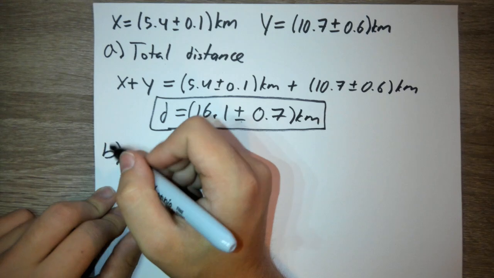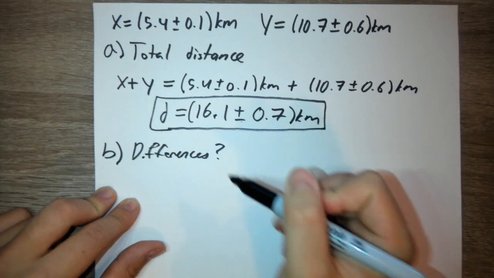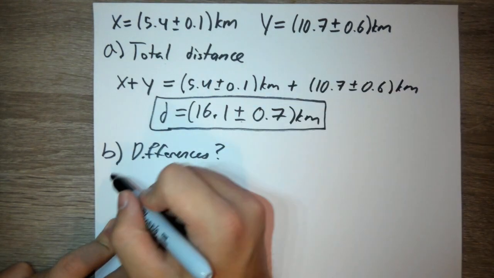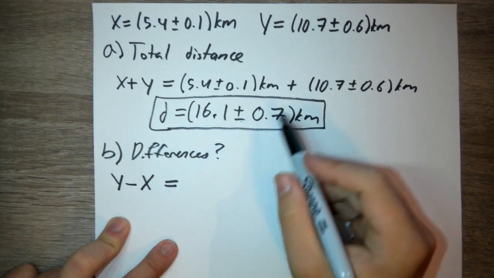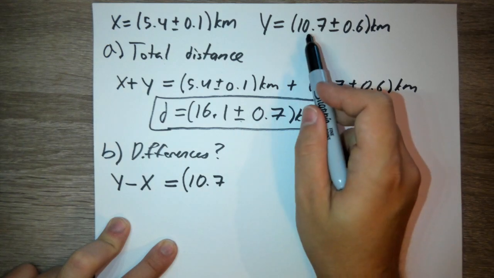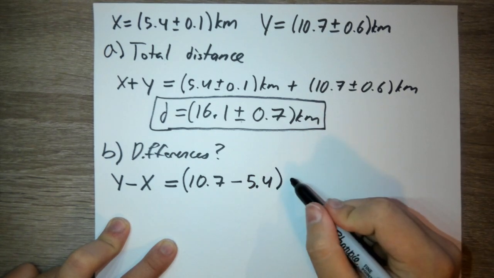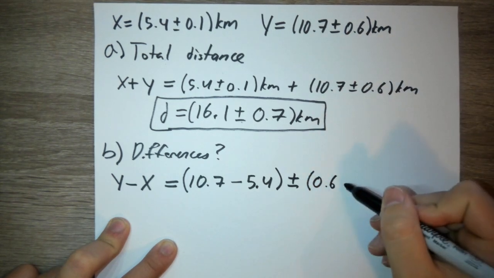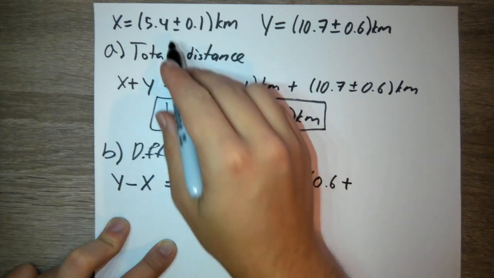What if we want to calculate the difference in those distances? Well, then we will subtract. So let's take the larger distance. Let's go y minus x. So we'll take the 10.7. I'll skip ahead one step to say, let's subtract the two values plus or minus the uncertainty values of 0.6 plus 0.1.